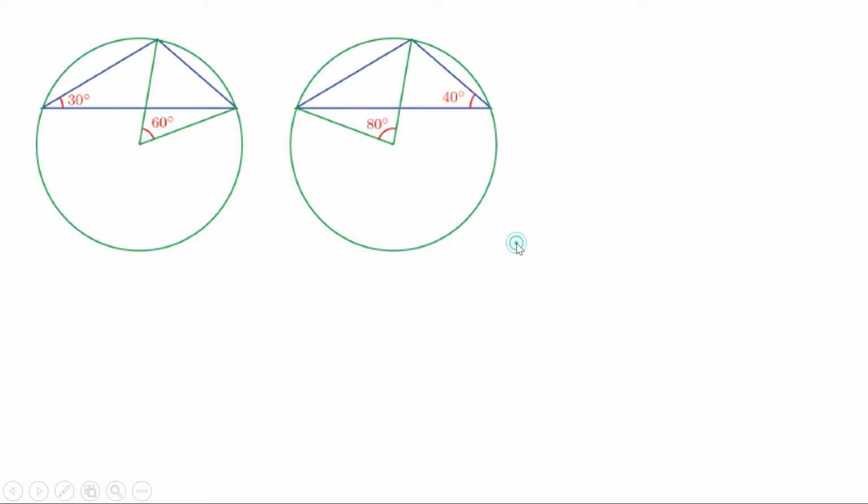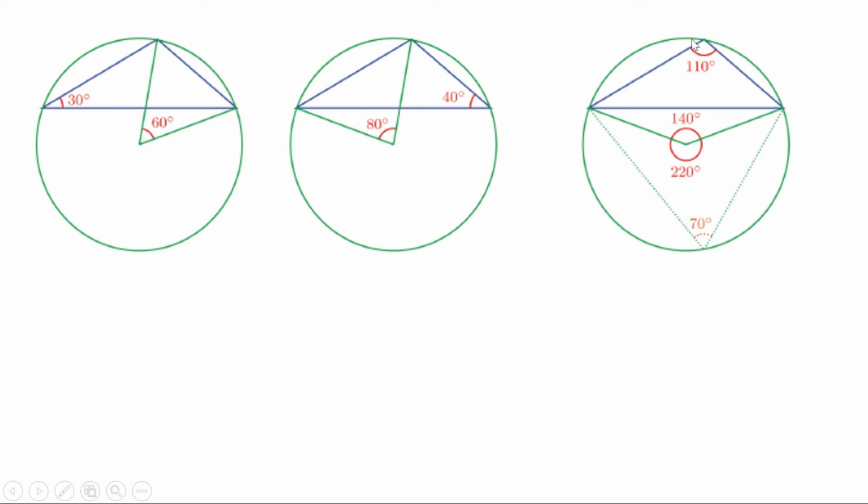Now let us take the third angle. This angle is made by this arc. Therefore, this central angle is 220 degree. But the central angle of the chord is this angle, and that is 140 degree, because sum of these two angles is 360 degree.